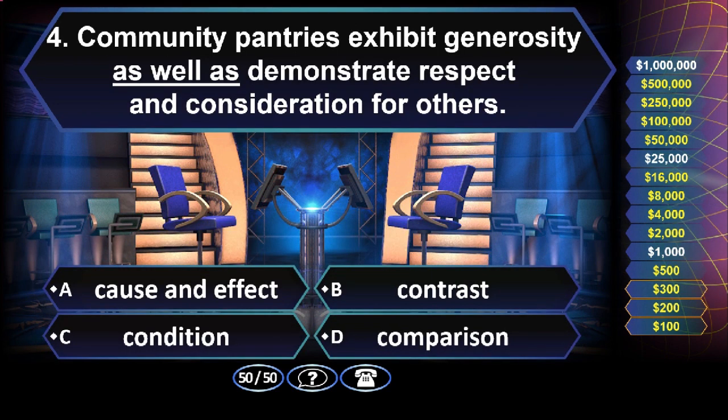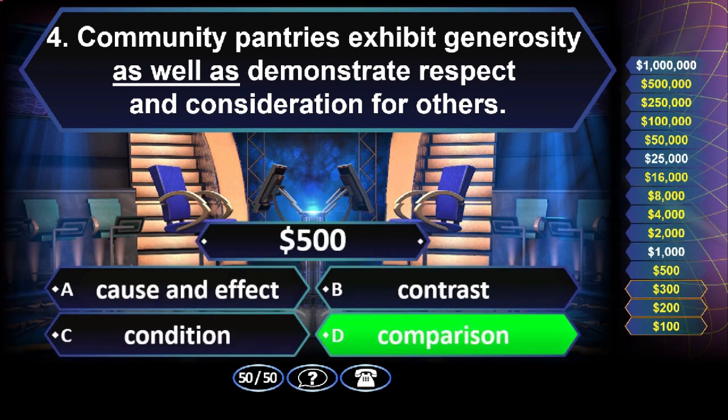Let's have number 4. Community pantries exhibit generosity as well as demonstrate respect and consideration for others. The purpose of the conjunction as well as is comparison.